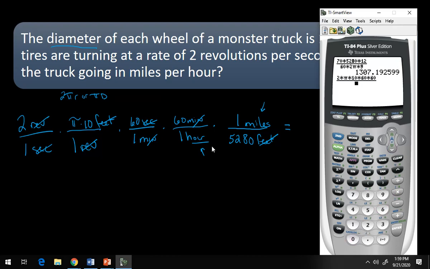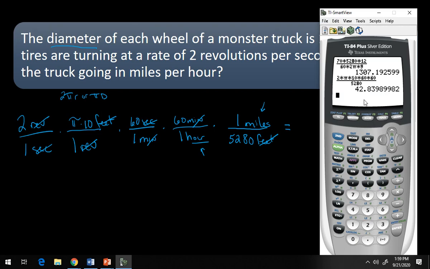On the bottom, I'm going to have just 5,280. And then I'll hit enter, and that will tell me that in miles per hour, that monster truck is going about 42 miles, almost 43 miles per hour. So 42.839 or 840 if we're rounding to 3 decimal places.